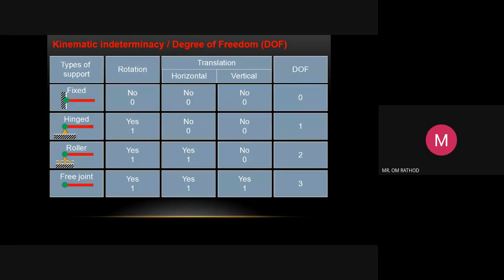Now in the case of hinge support, there are 2 reactions, along x and along y. So you can see here the translation displacement along x is marked no, meaning there will be no displacement along x and no displacement along y.